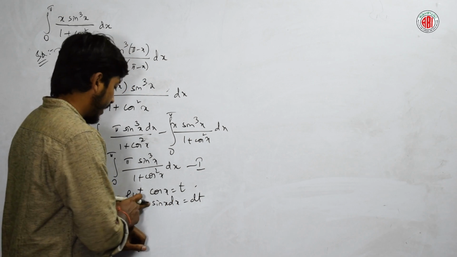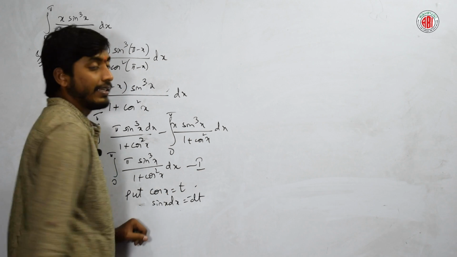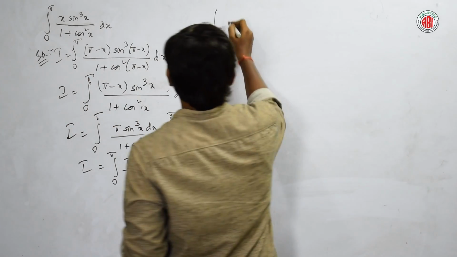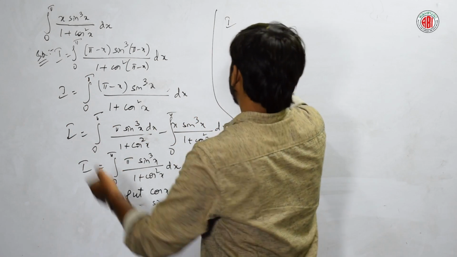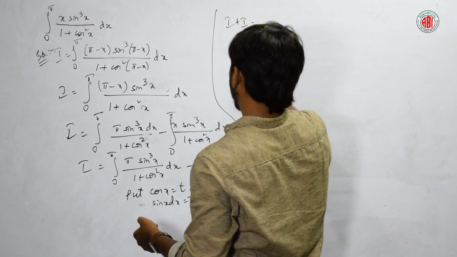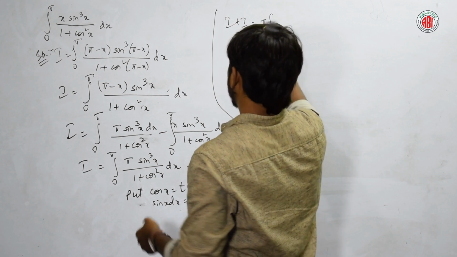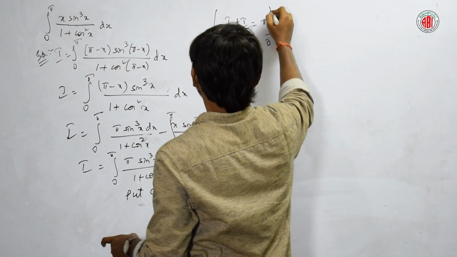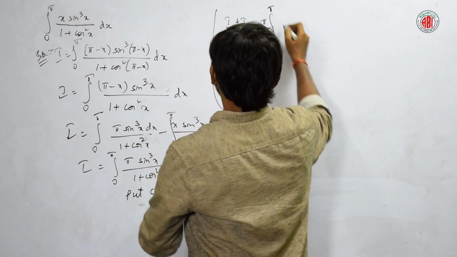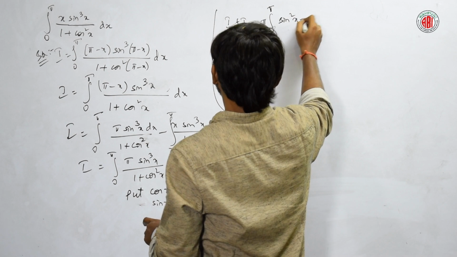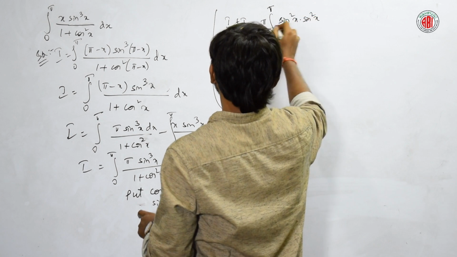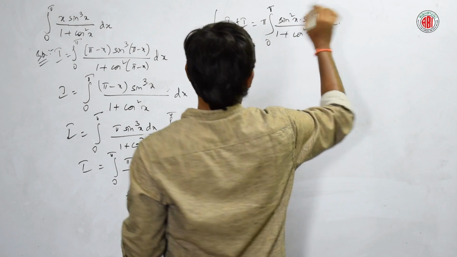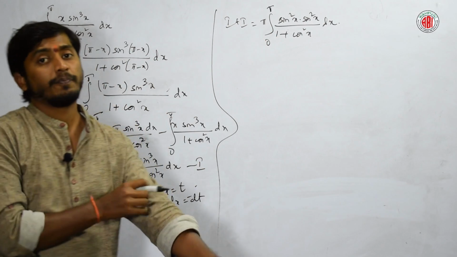So, I can write sin x dx is equal to minus dt. Let me take this I to that side, so that becomes I plus I, which is 2I, equal to pi, a constant, integral 0 to pi of sin square x into sin x by 1 plus cos square x dx, right.